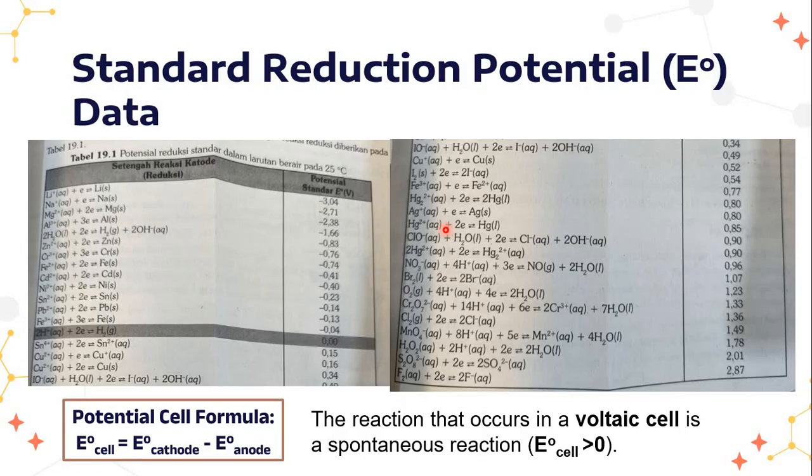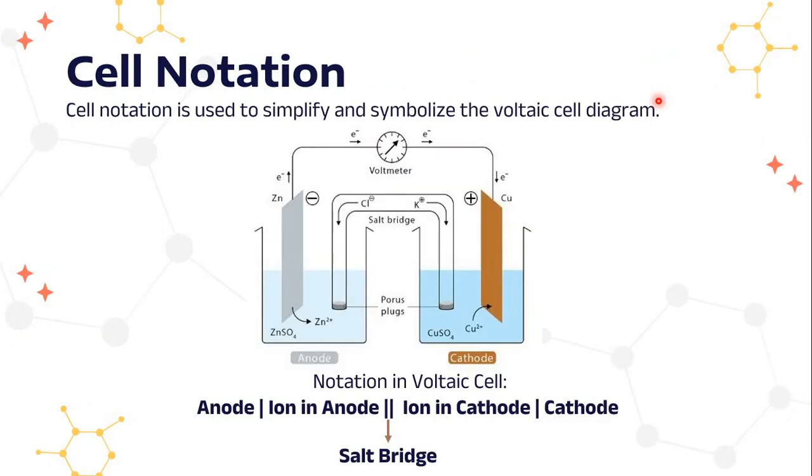I think that's all for standard reduction potential. Okay, so this is the last explanation about the voltaic cell. In questions related to voltaic cells, there is also a cell notation.